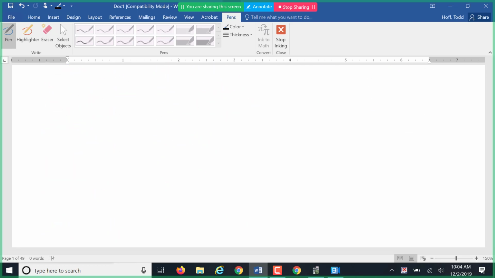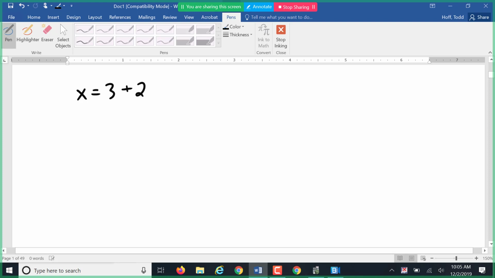Well, let's look at some other equations that we might have. Let's say we have x equals 3 plus 2 cosine t, and y equals negative 1 plus 2 sine t.